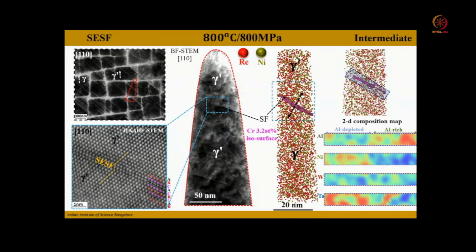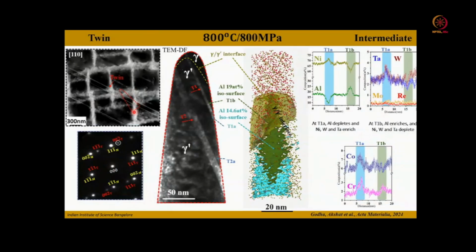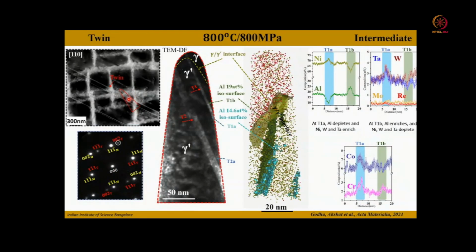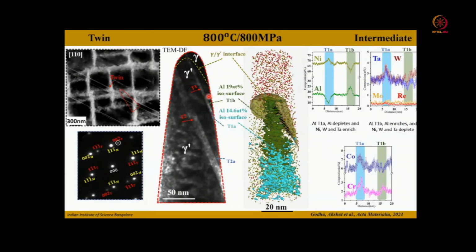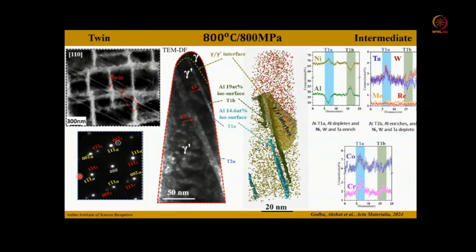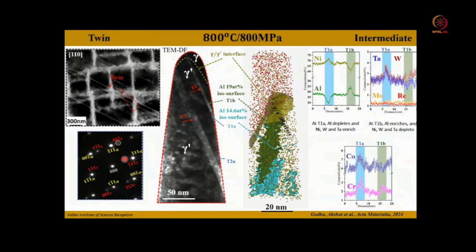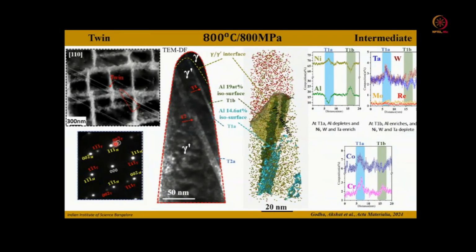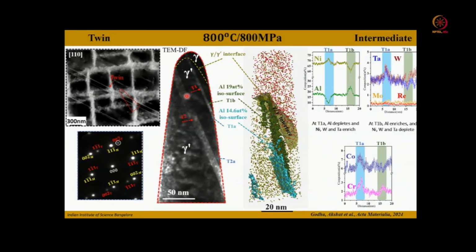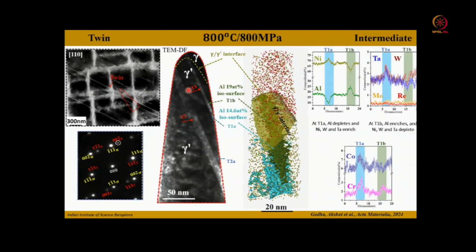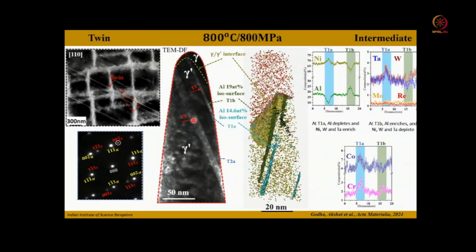Similarly, he has performed a correlative analysis of a region where he has obtained the twins across the tip. This is a typical diffraction pattern on the atom probe tip where there are twinning spots, and he has taken a dark field from 002 bar where he has shown that these bright regions correspond to the twin boundaries, and we have identified them as T1 and T2.